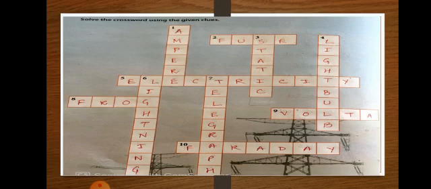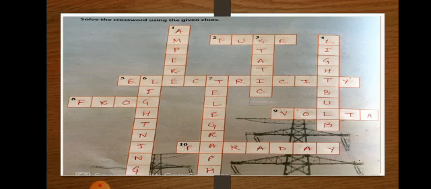Ampere, A-M-P-E-R-E. Second, this safety device was invented by Thomas Edison to protect the electrical power system from the harmful effect of overcurrent. To prevent overcurrent, one device is made, that is the fuse, F-U-S-E. Third, it is a form of electricity discovered by a Greek philosopher and mathematician named Thales around 600 BCE.